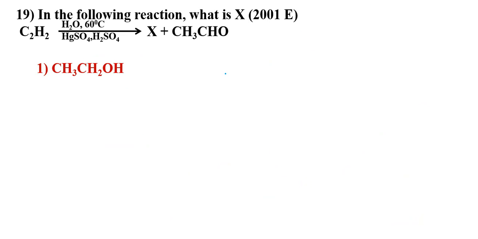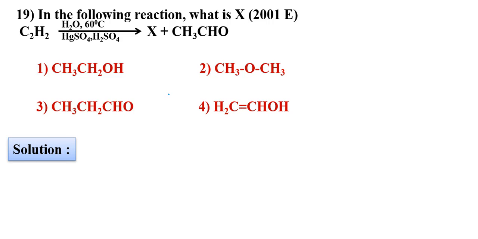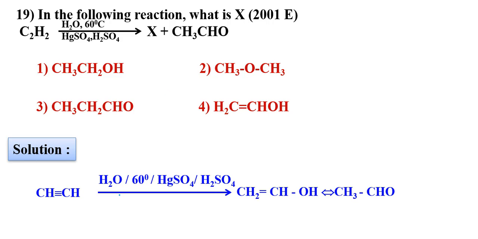In the following reaction, what is X? See what we are doing: hydrolysis, just hydrolysis. See the solution: 2 water molecules have to be added, just H and OH. So these 2 OH groups are unstable, that's why a water molecule is released.